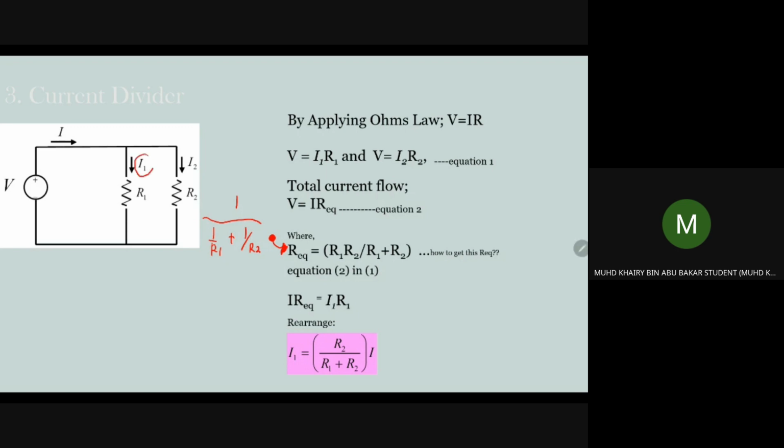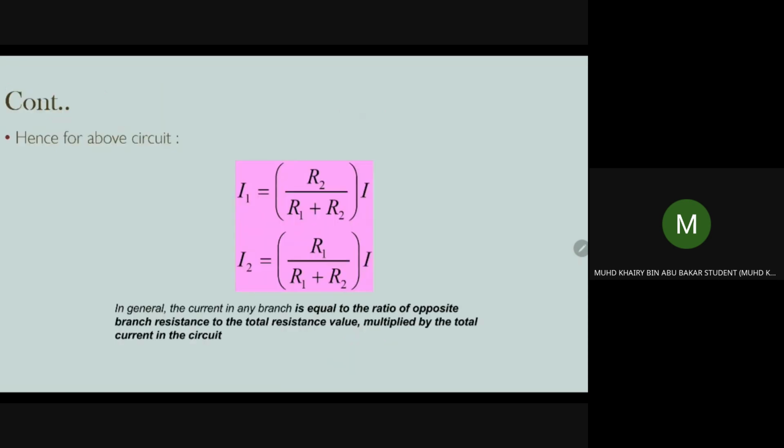For I1, you use resistance R2: I1 is equal to R2 over R1 plus R2 times I. For I2, we use resistance R1: I2 is equal to R1 over R1 plus R2 times I.